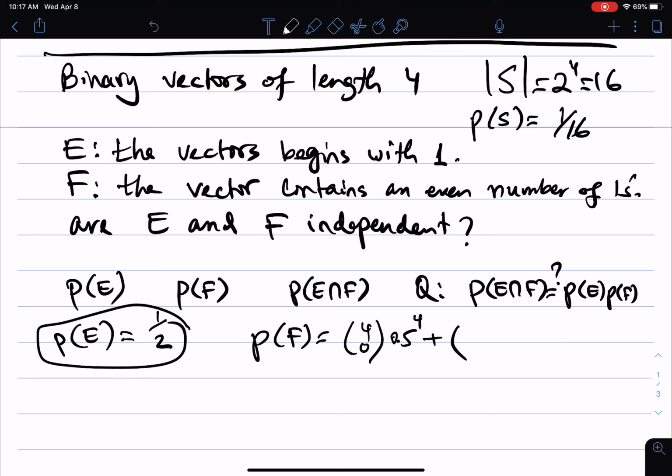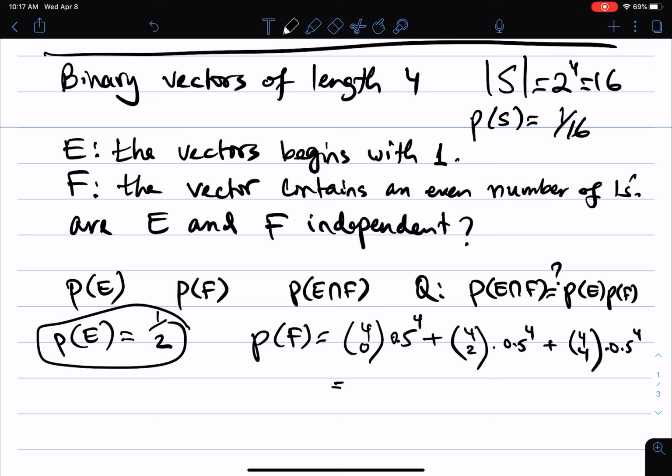Or the vector can have exactly 2 ones. There are 4 choose 2 such vectors, each appearing with probability 0.5 to the 4. Or the vector can have 4 ones, another even number: 4 choose 4, times 0.5 to the 4.